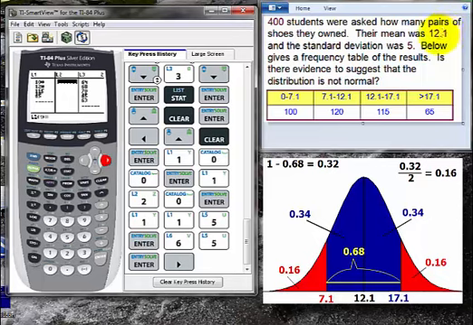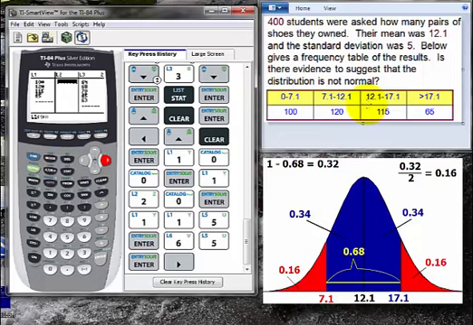If you subtract 5 from 12.1, 12.1 minus 5 is 7.1. So notice that these ranges, 7.1 to 12.1, mean within one standard deviation of the mean and to the left. 12.1 to 17.1 means within one standard deviation of the mean and to the right.